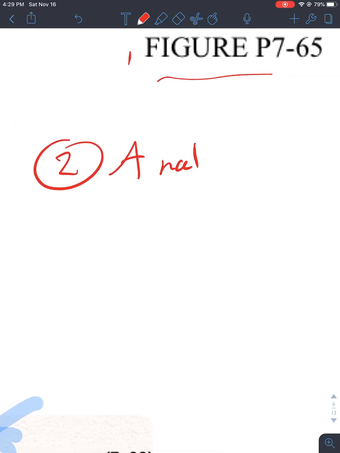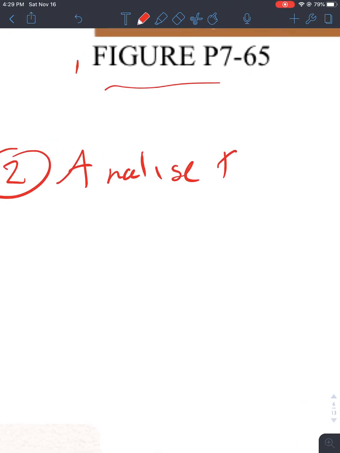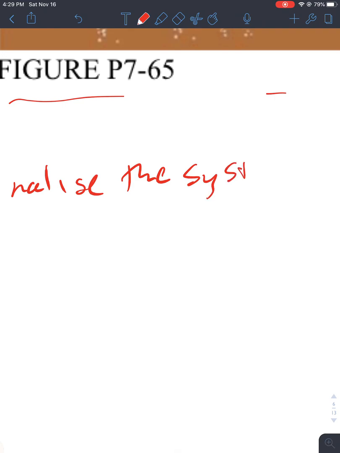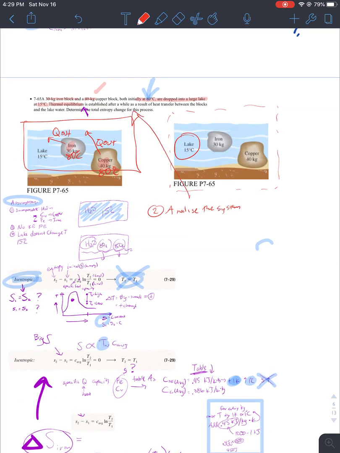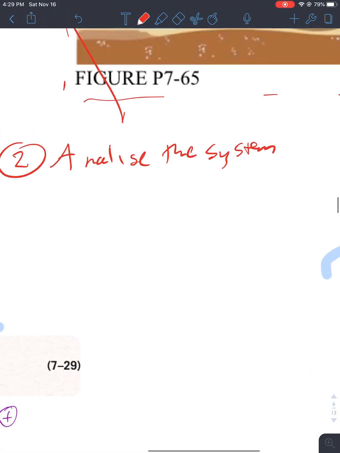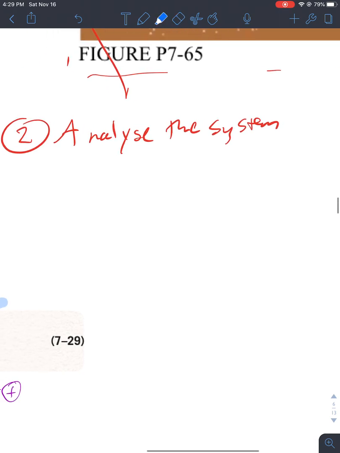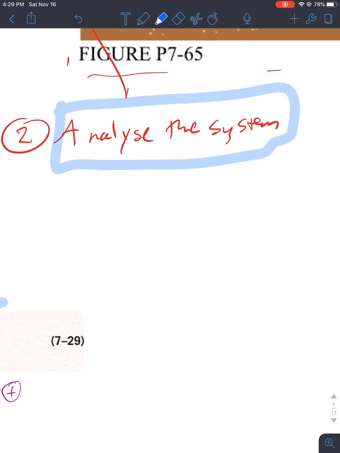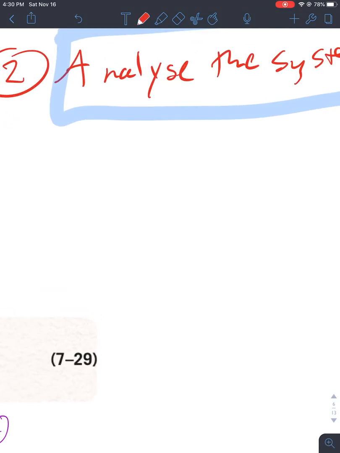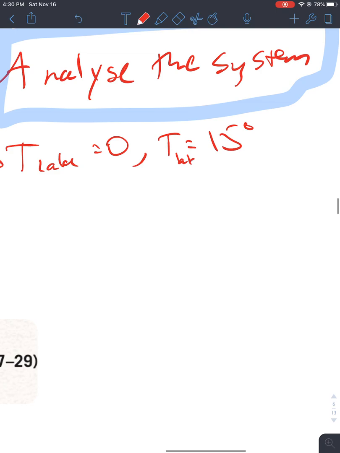Analyze the system, and make sense of all these words up here. All right, and the analysis is: heat capacity of the lake, temperature of the lake, delta T lake equals 0, temperature equals 15. It stays at a constant 15.